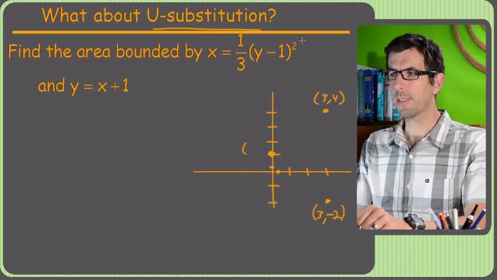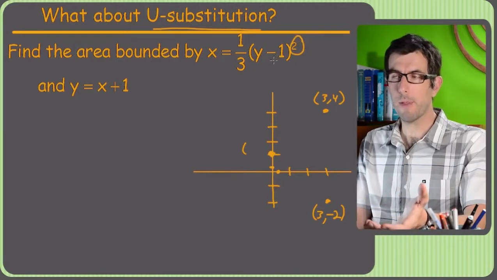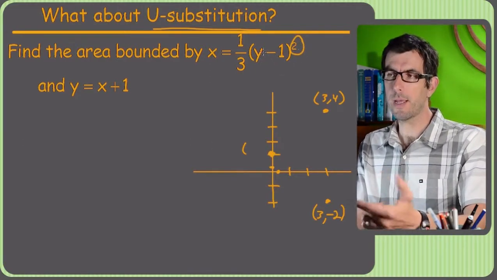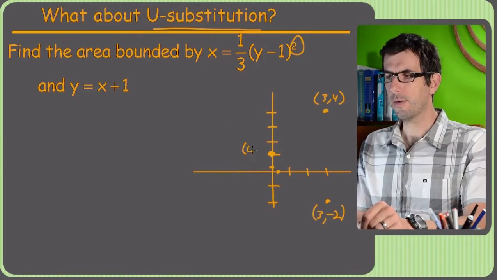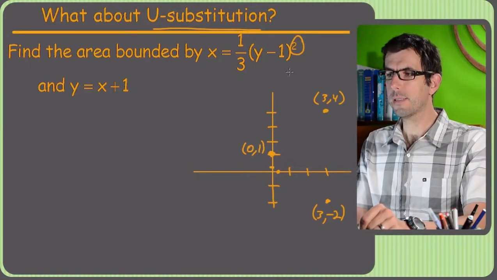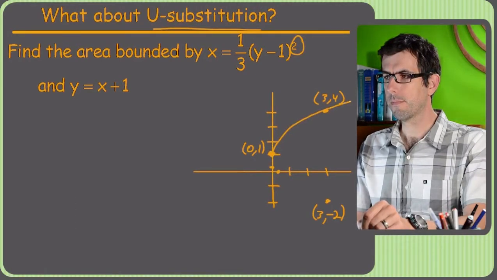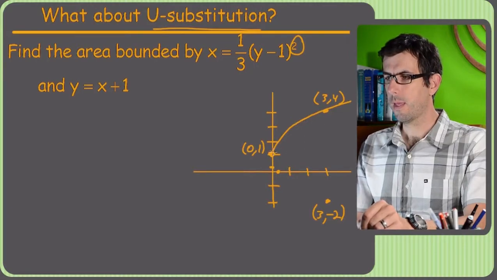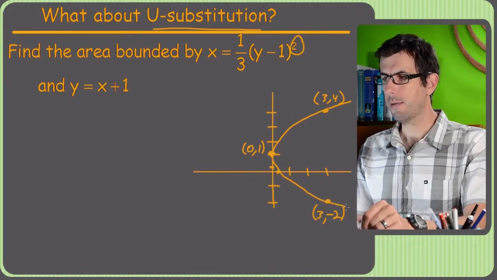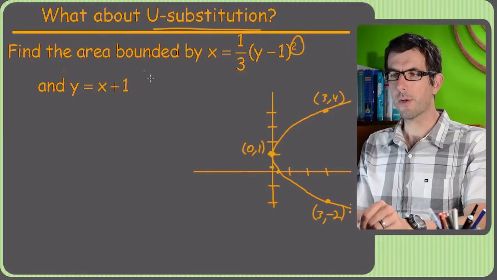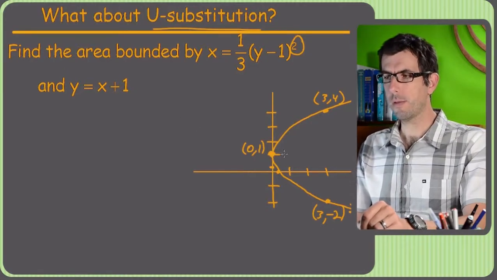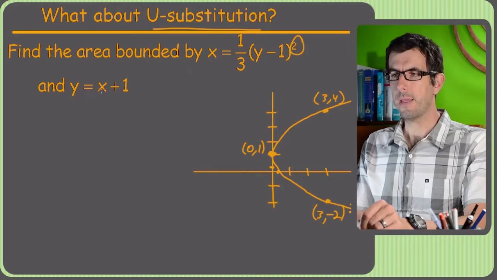Now I knew this was a parabola because it had a squared in it, right? And I knew it was a sideways parabola because y was the squared thing, not x. And this is 0 comma 1. So I got a kind of weird sideways parabola here that's doing some funky stuff. And let's see what else we got. For our other curve, we got a line with a y-intercept of 1, so that goes through right here, and then a slope of 1.